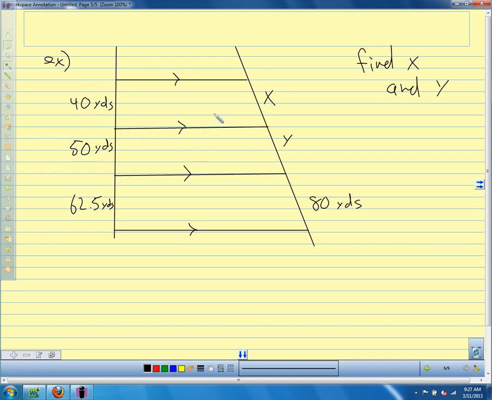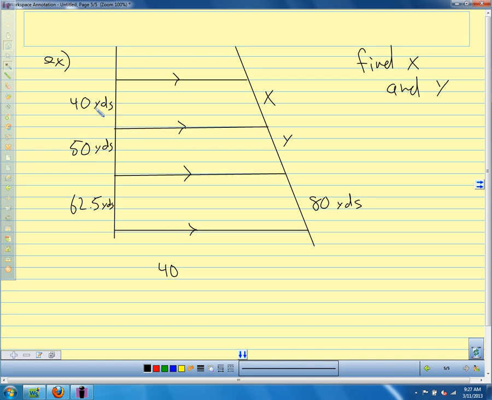So let's solve for x first. How can we set up a proportion for x? How would you want to set this up, Brody? Probably 40 over 80. Does 40 correspond with 80?